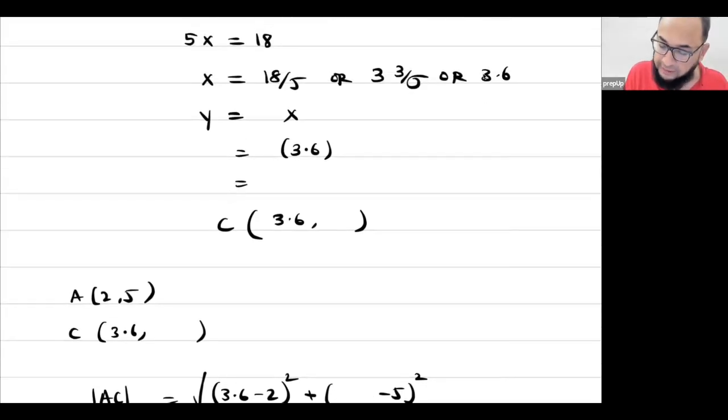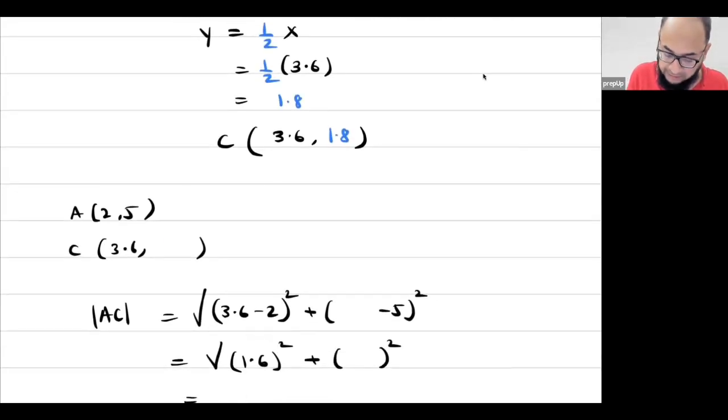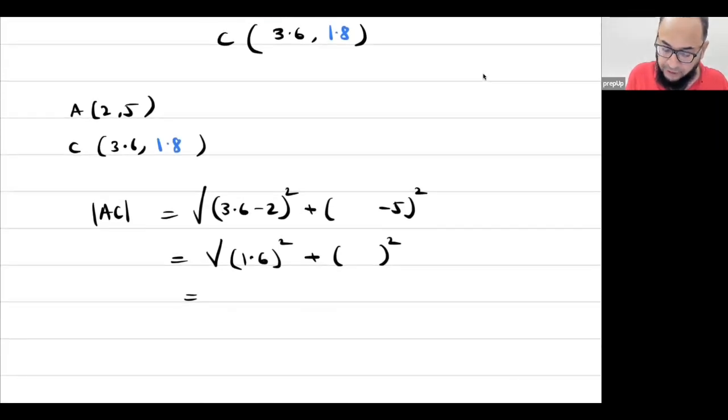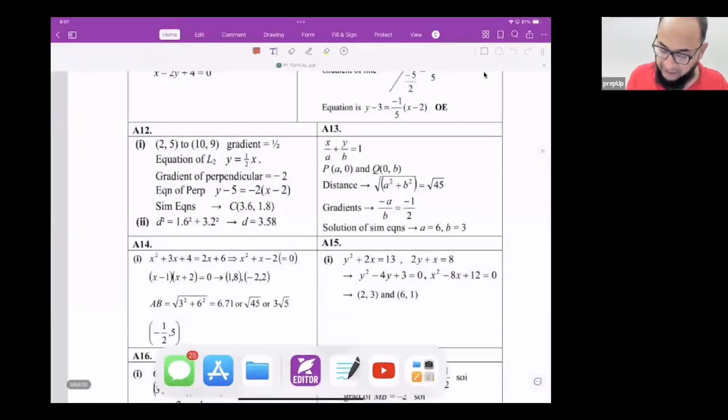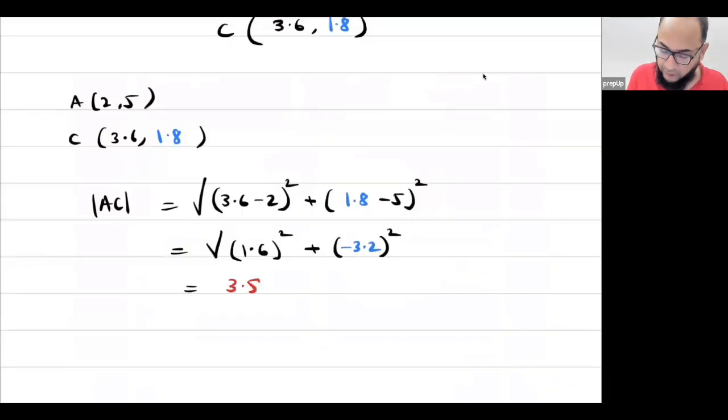So this is half x, the blue line. This is half of 3.6. This is 1.8. 3.6 minus 2, 1.8 minus 5. That is -3.2 whole squared. And the final answer is coming out to be 3.58 after the square root.